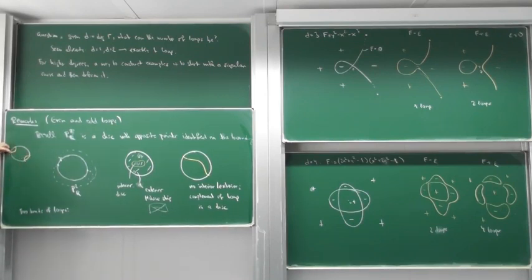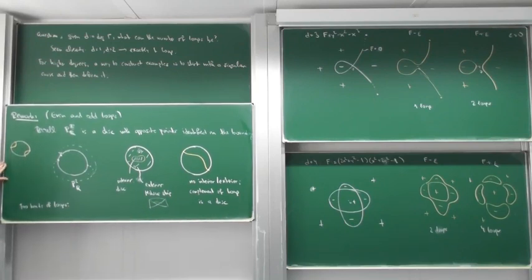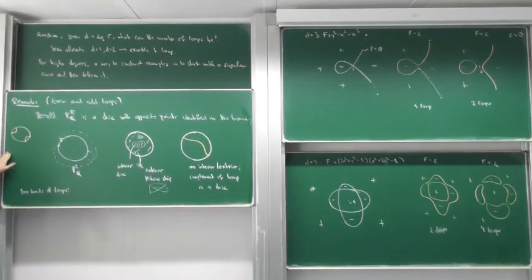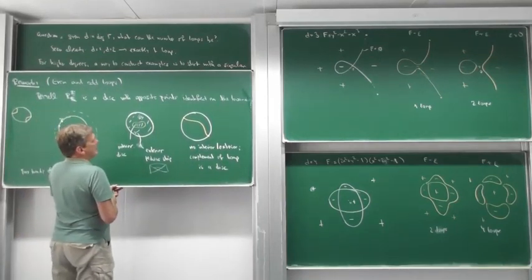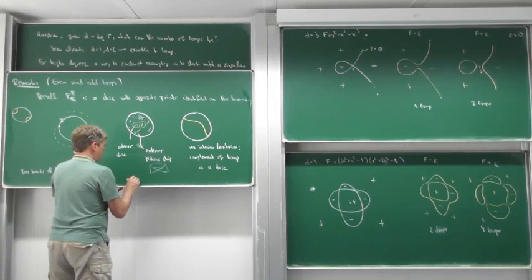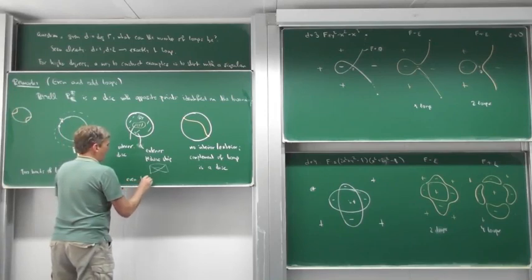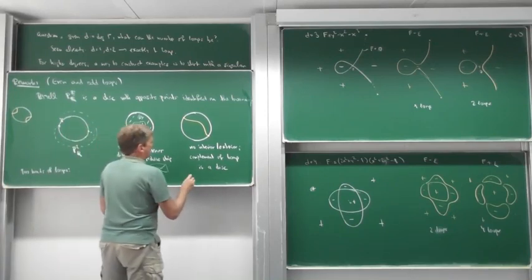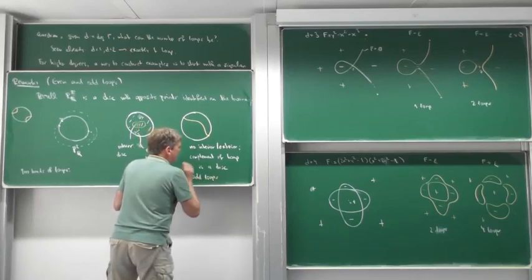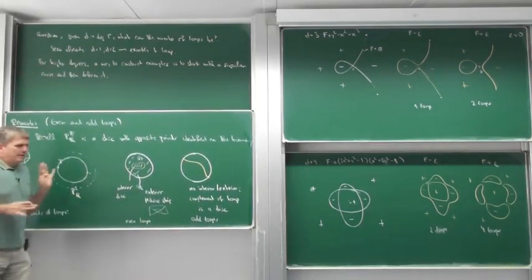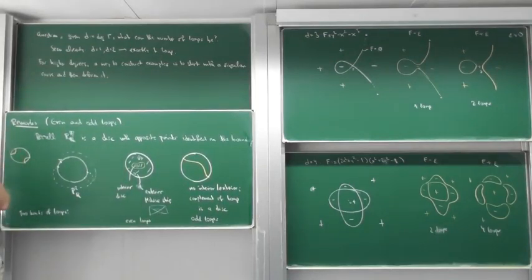That's also a loop, and it divides the thing into two regions, although it's unbounded. These two types I want to call even and odd. These I call even loops, and this is an odd loop. I guess you can sort of topologically imagine that this is true.